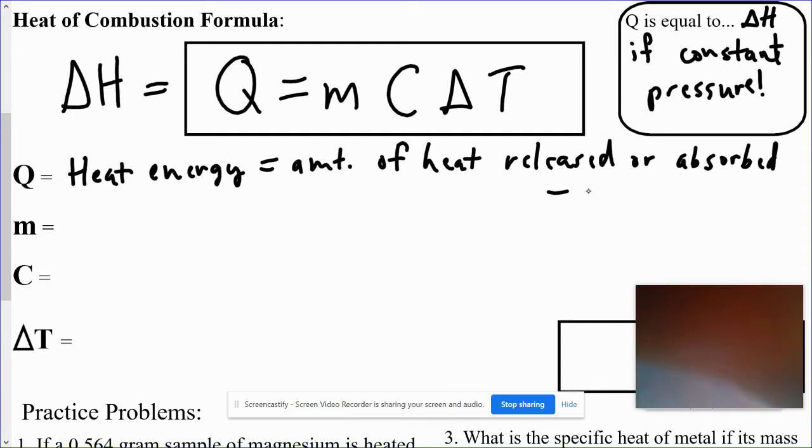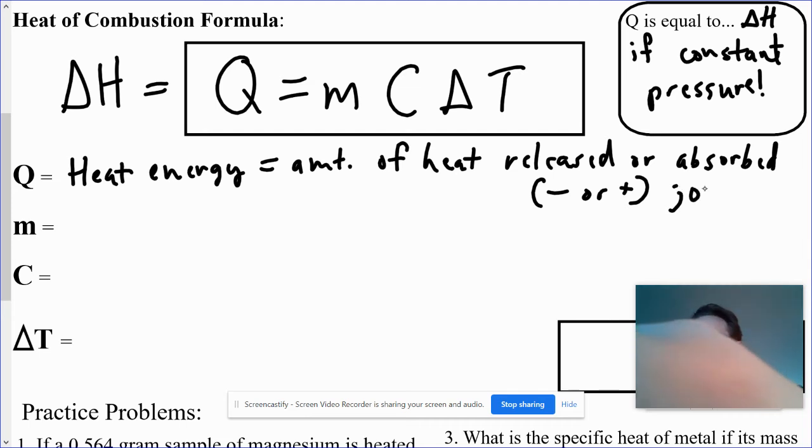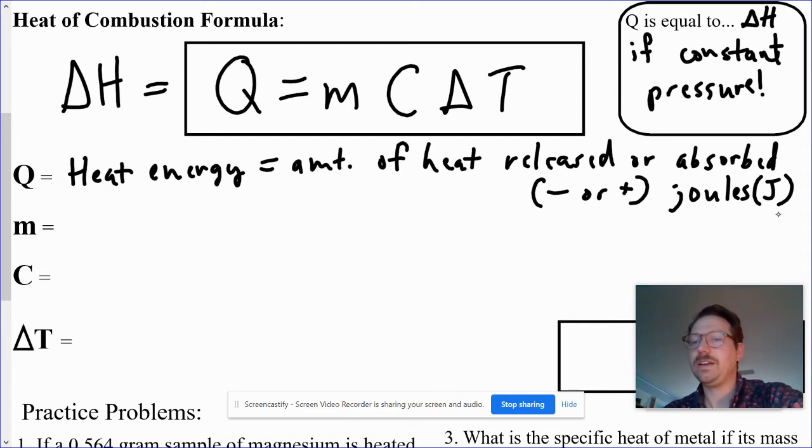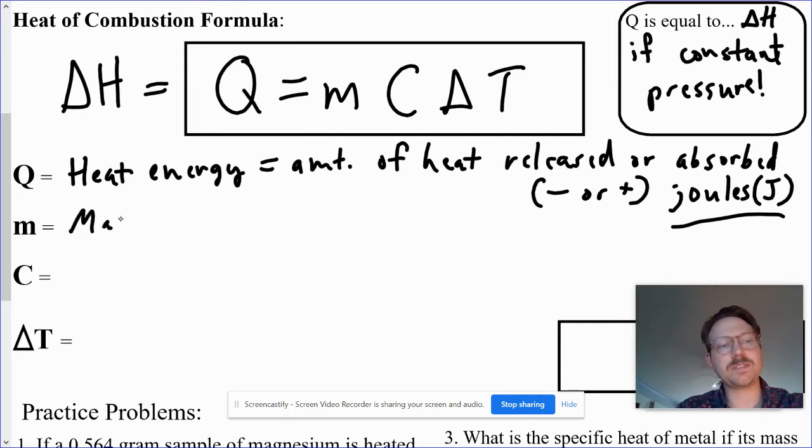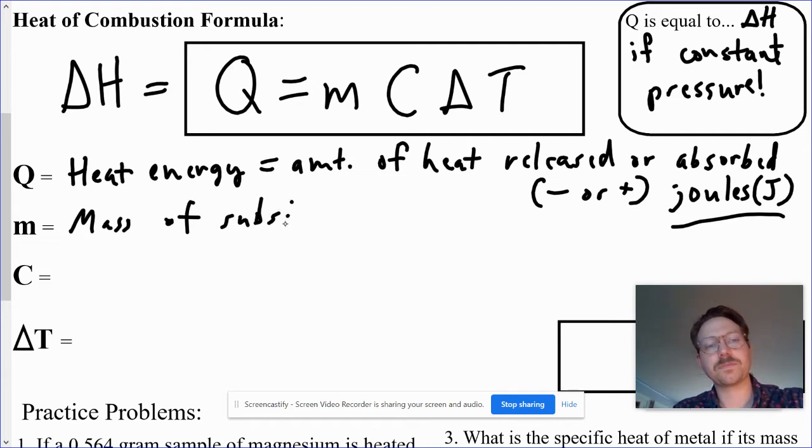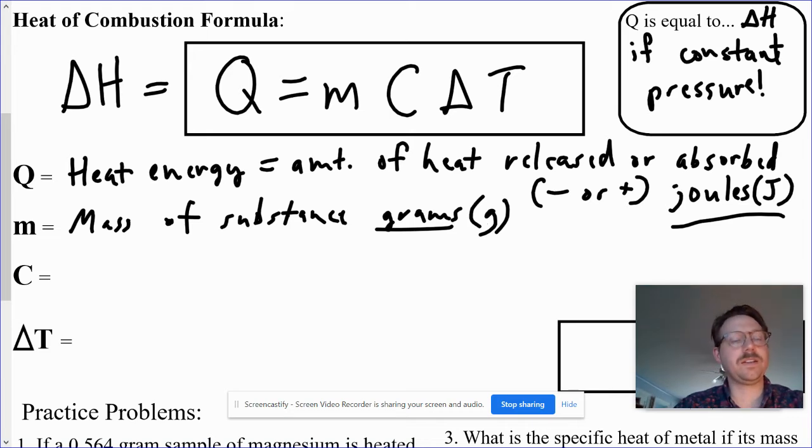If it's released, it's a minus, or if it's plus, it's absorbed, and that would be an exo or endothermic reaction, respectively. This is measured in joules, and it's abbreviated as J. So you'll see the letter J there. That helps to represent energy. M is the mass of the substance that's changing in temperature. And this is measured in grams, g. Next, we have C.